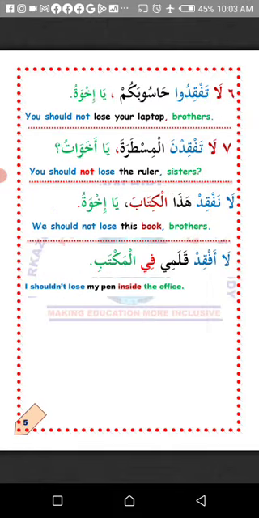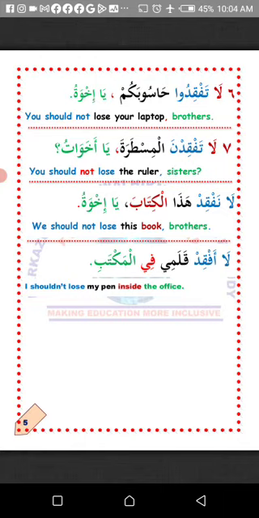Number 6. لا تفقدوا حاسوبكم يا إخوة. You should not lose your laptop, يا إخوة, brothers. Number 7. لا تفقدن المسطرة يا أخوات. Never lose the ruler, يا أخوات, sisters, talking to a group of female persons.